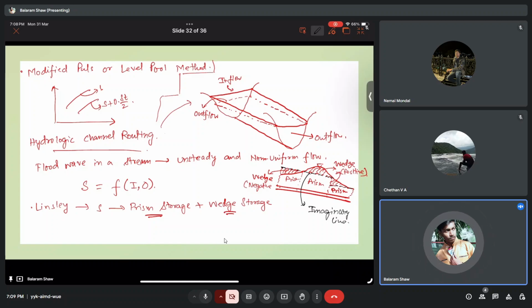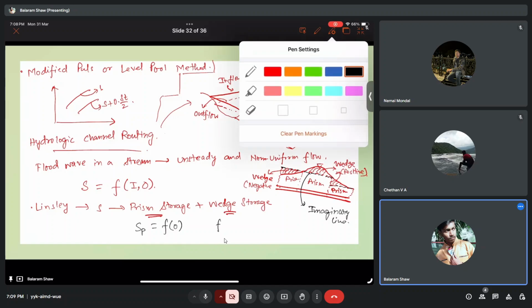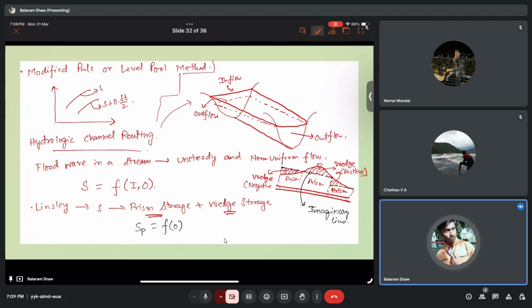So what can you tell me with whatever concept we have learned just now? The prism storage, if I write it as SP, is a very similar thing to what we have considered in reservoir routing, and hence it will be a function of outflow only. Whereas the wedge storage, that is SW if I write, is a function of inflow only, correct?